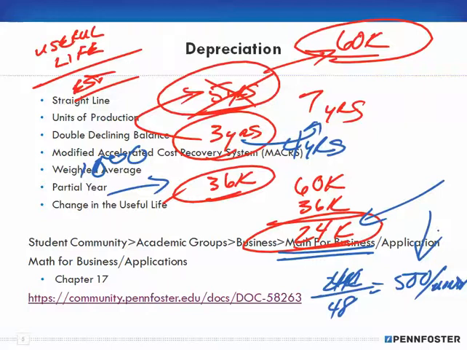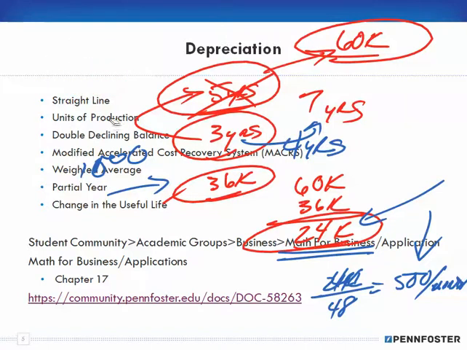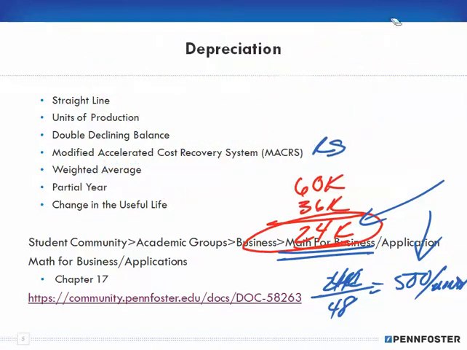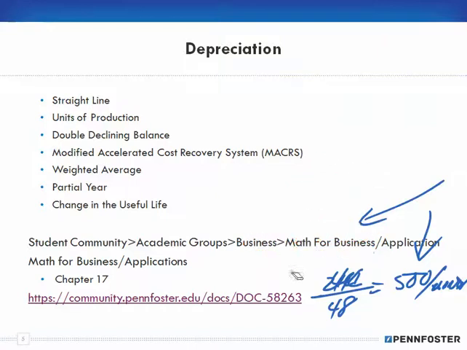You need to know all of these methods. You're learning all of these methods because you don't know where you're going to end up once you get your degree. And like I said, in most of the smaller businesses, you're never going to have to worry about the change in useful life. Okay, but if you end up in a bigger company, it is possible that you might have to take that into consideration.